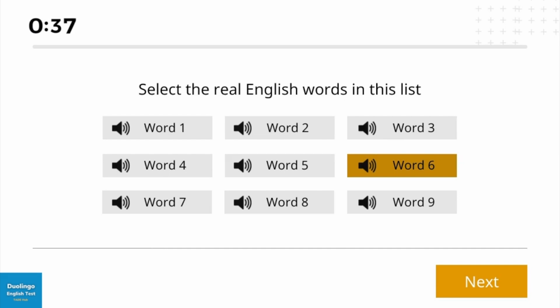Stipend, stipend, stipend. Millie, millie, millie. Conceal, conceal, conceal. Rot, rot, rot.